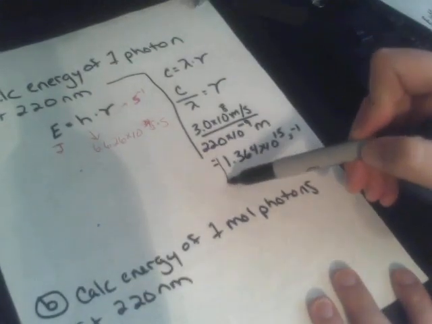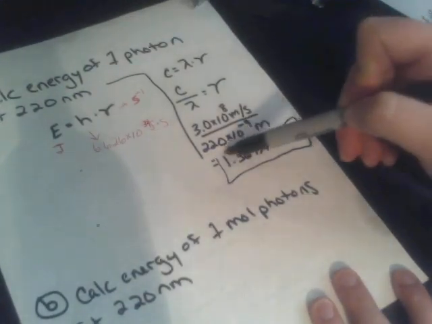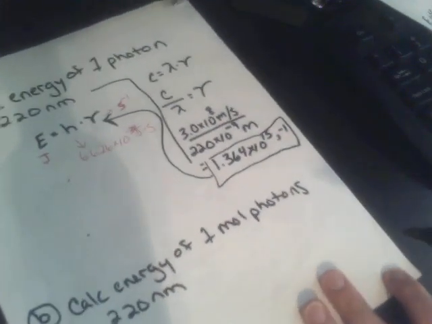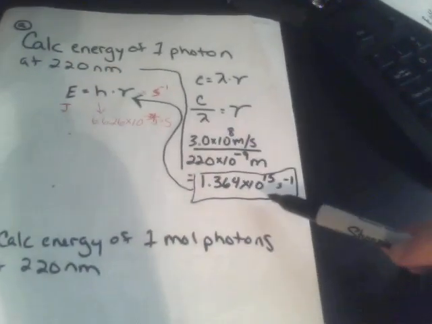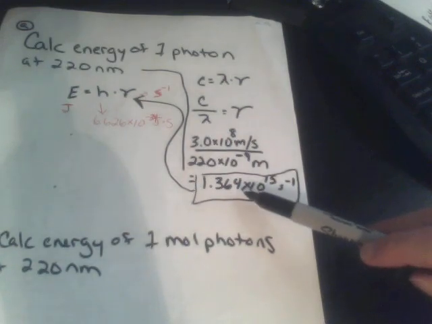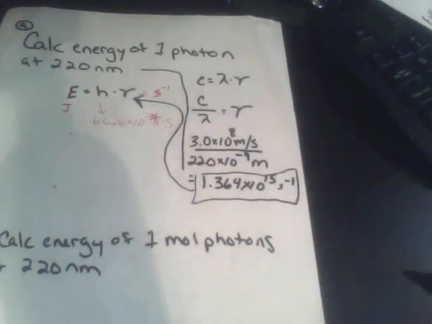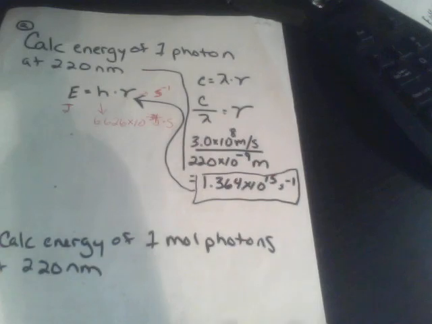So we can take this information and now we can plug it back into this equation, because we've figured out the frequency. We already know h, which is Planck's constant, and we multiply everything out and we can get the actual energy of one photon.